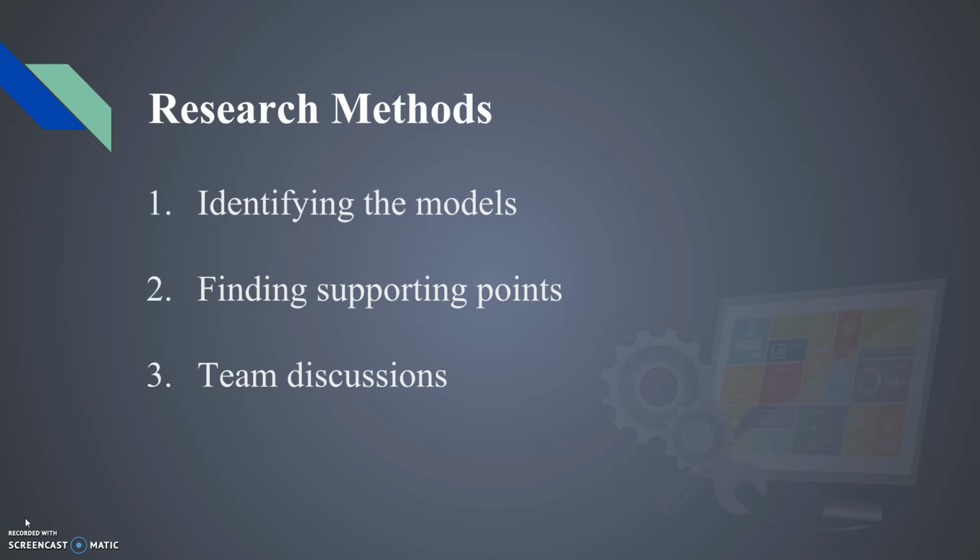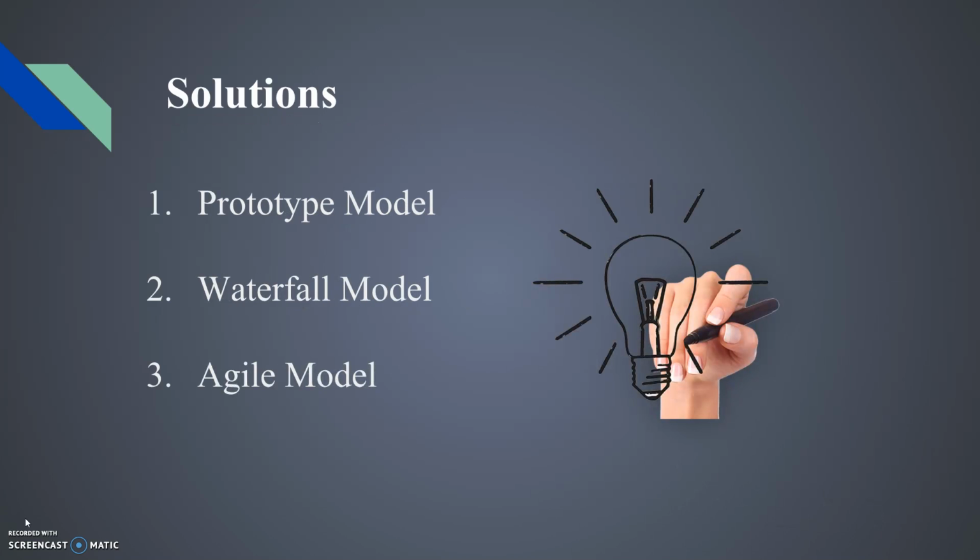The third step is discussing among the team the information that we gathered. After we identify the solution and search for the details to support the points, the team discusses it and interprets the information together. Next, about the solution.